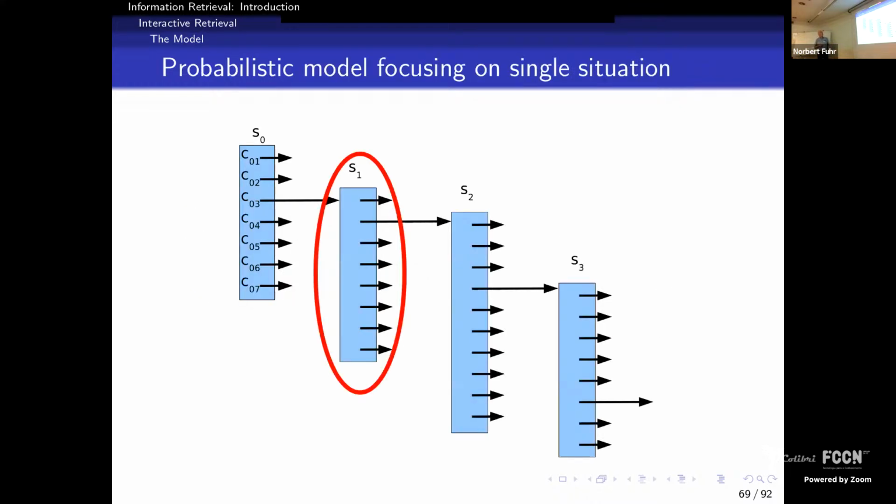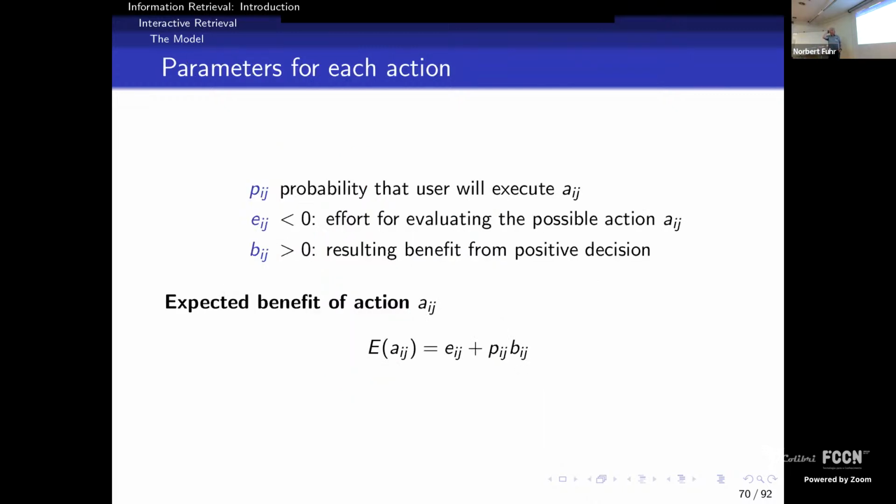So now we will just focus on a single situation, and the question: how do we rank the possible choices that we present to the user? We have knowledge about what happened before, incorporate all that, in order to present an optimum order of the possible actions in this situation.